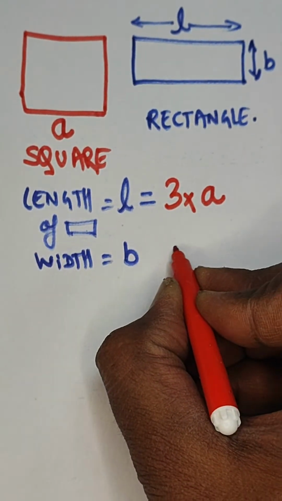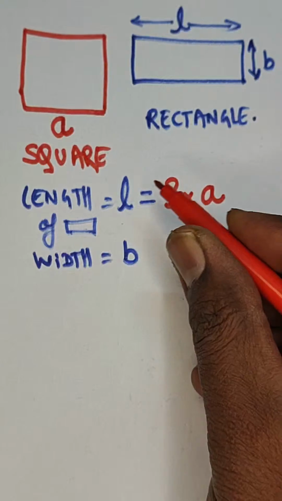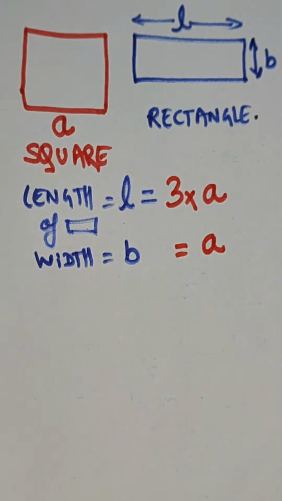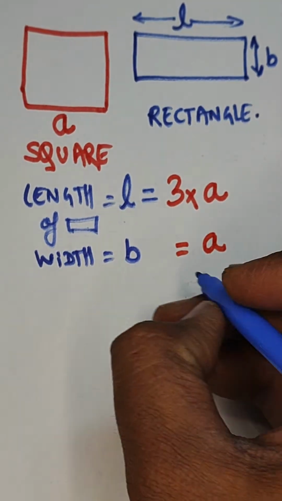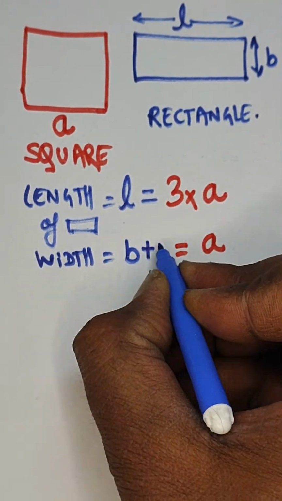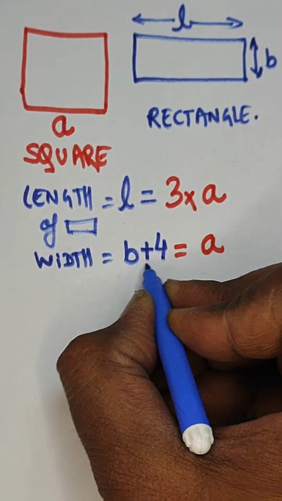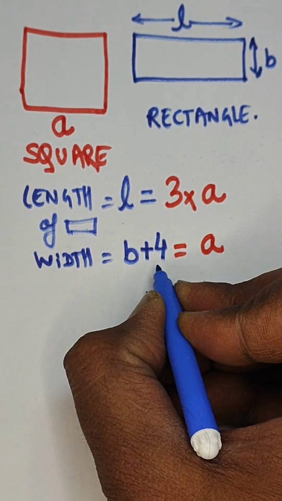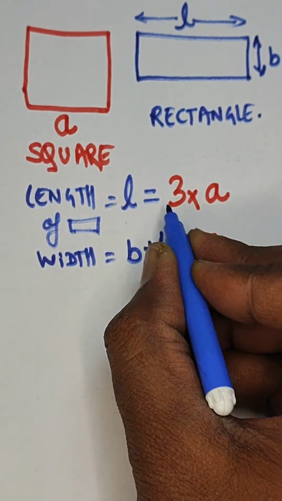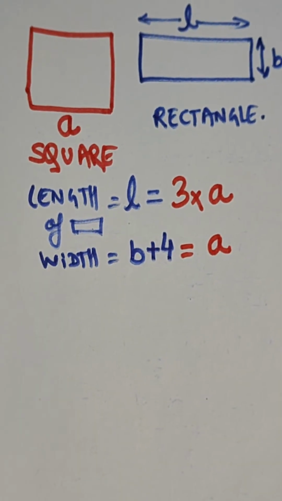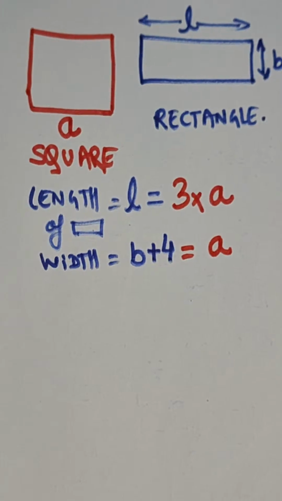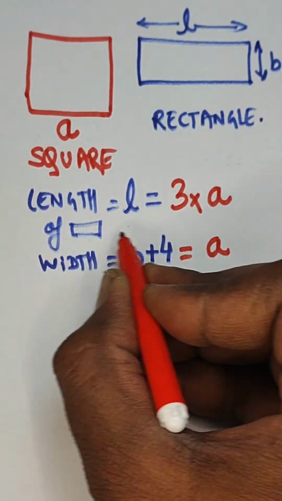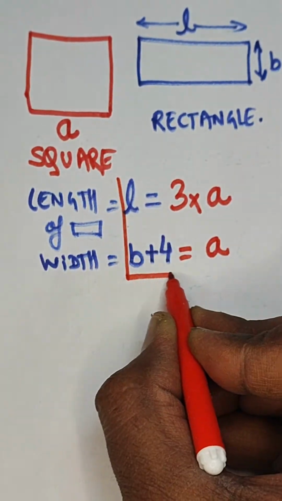That means if you consider the side of the square as A, this is 4 centimeter more. So just to compensate, what do we need to add to the LHS? 4. Then only the LHS will be equal to the RHS. These are the two relations which are given to you, my dear friends.